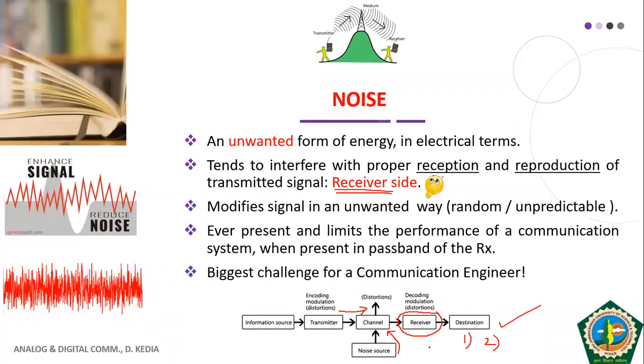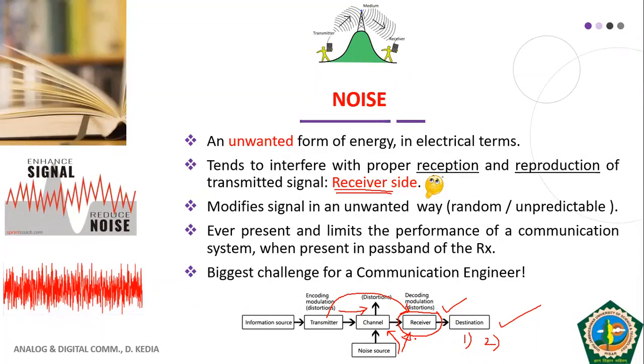And added to that, the signal which reaches the receiver from the transmitter is in a very weak state, because the signal has traveled all the way through the channel after traveling a long distance. Because of that, the strength of the signal reaching the receiver side is very, very low. And noise is superimposed onto that low strength signal.